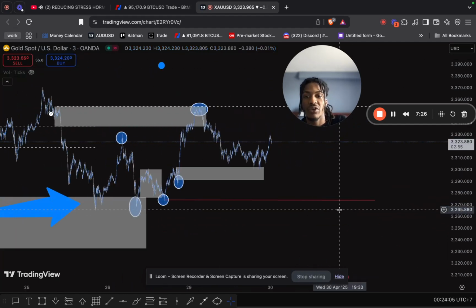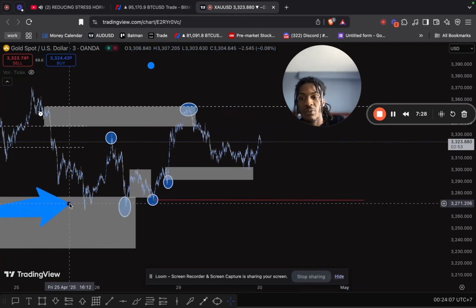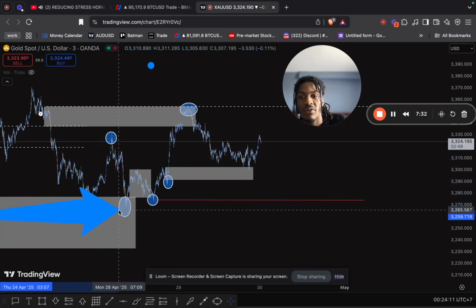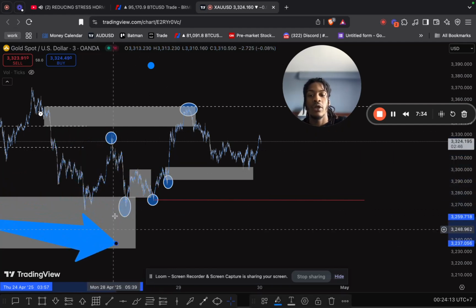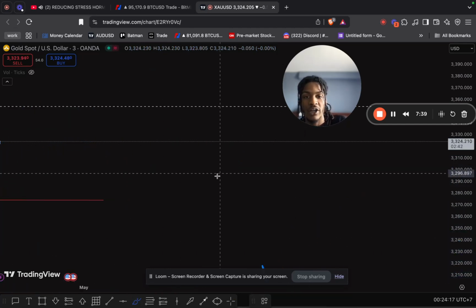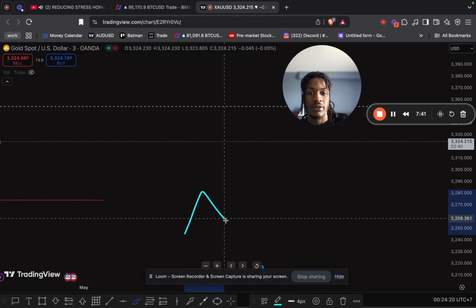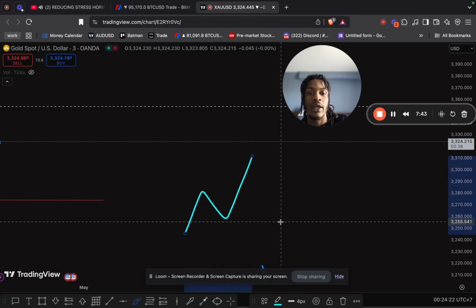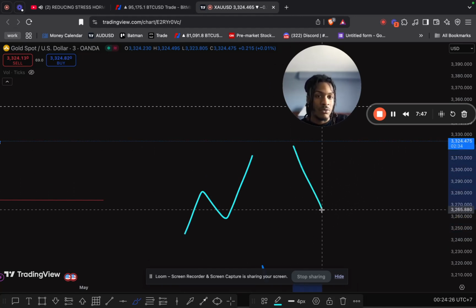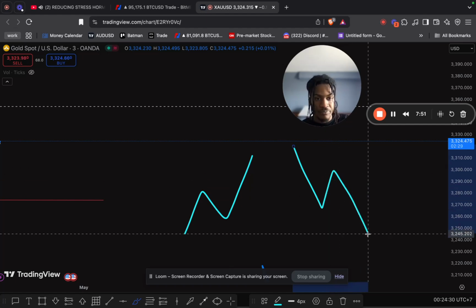Let's say nothing's on the screen, and we would circle this high, this low, this previous high, this previous low, and we would say, okay, here's how markets work. If a market is bullish, it will look like this: it will go up. And if the market is bearish, it will go down, up, down.